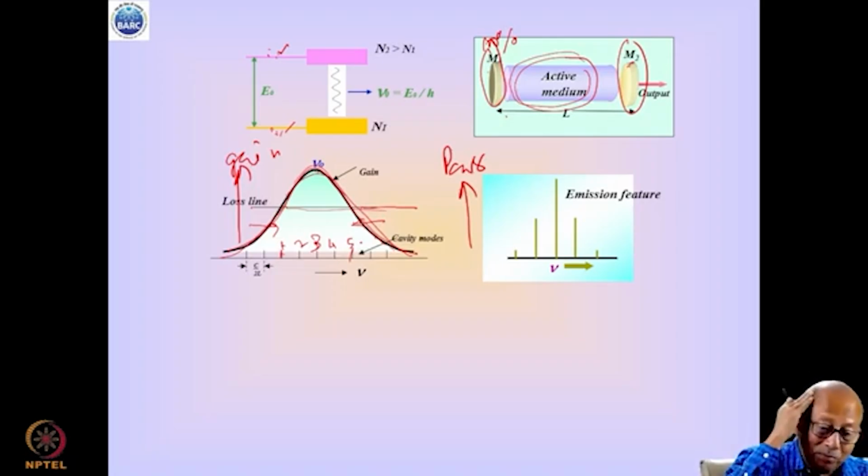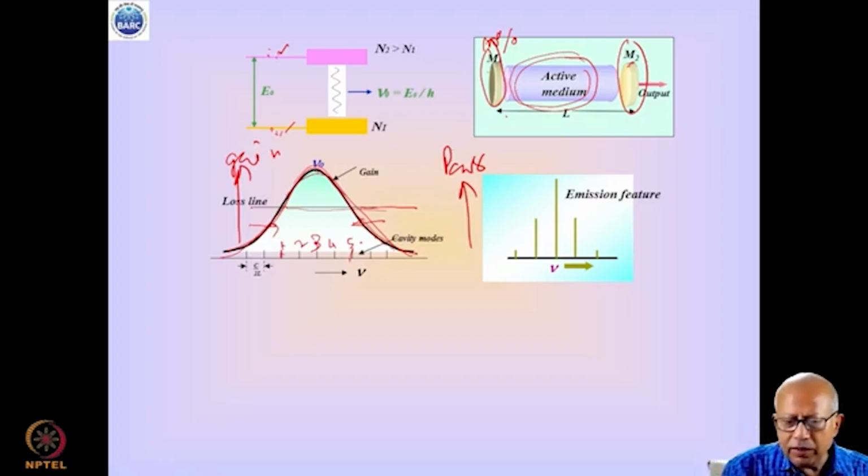First, the broadening of the gain can be reduced, so much so that now only a fewer number of modes actually experiences a net gain.